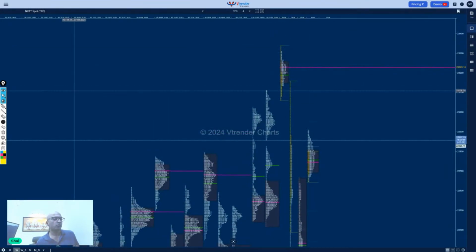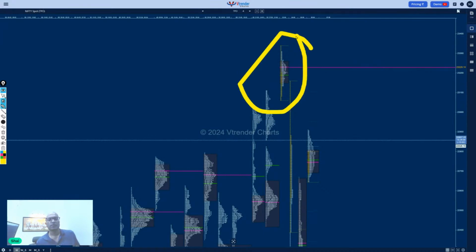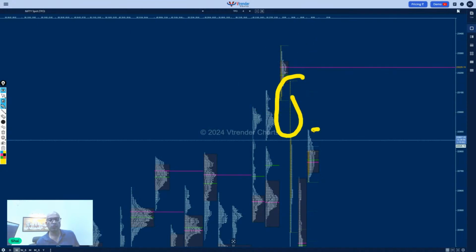I spoke about that rejection happening over here of this particular profile, which was the exit pole profile. These are the singles which the market is wanting to test from the open today. It did not get a lot of demand early at the open, the first half of the day, but later on it did not break this 22,720 zone, and some demand has come back. So it's challenging these A period singles and expecting to take them out.